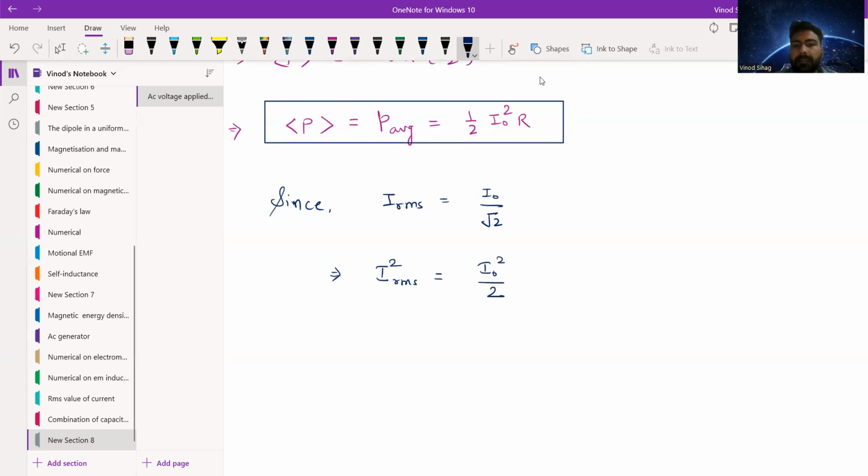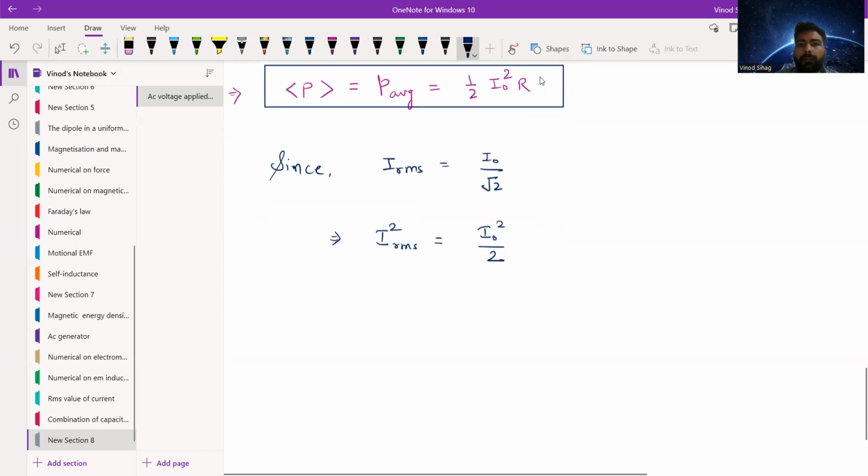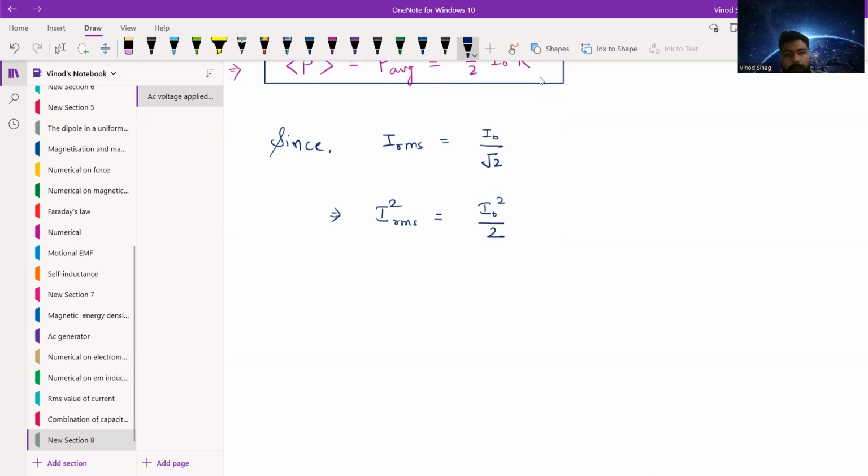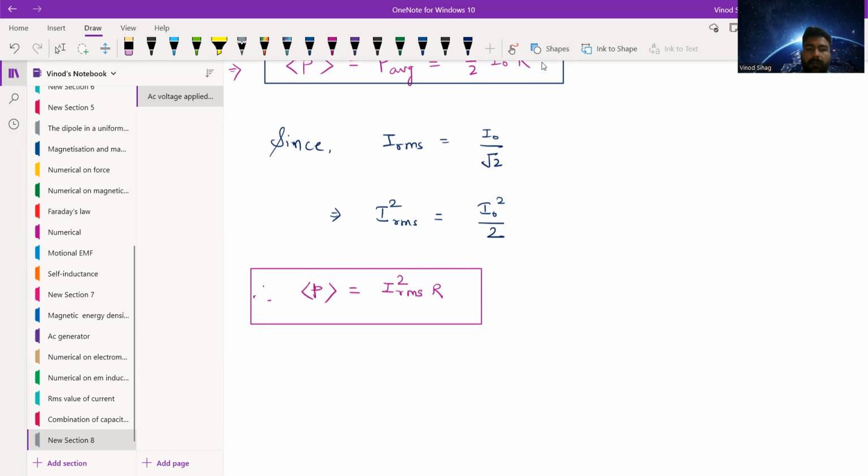If we place this in the above equation of power, we get the equation of average power in terms of the root mean square current: average power P equals I RMS square into resistance R. This will be the equation of average power.